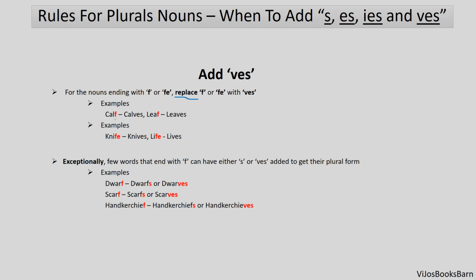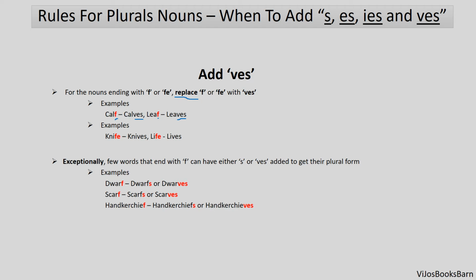So we have a word calf. Replace that F with VES. Leaf, and replace that F with VES, leaves. And let's see an example for a word that ends in FE, knife.